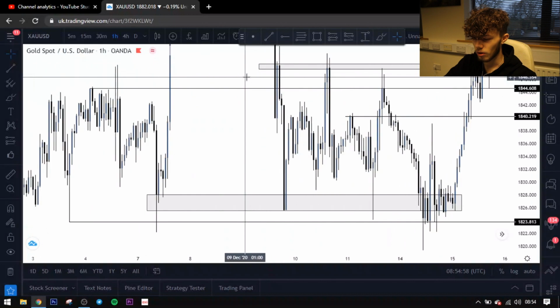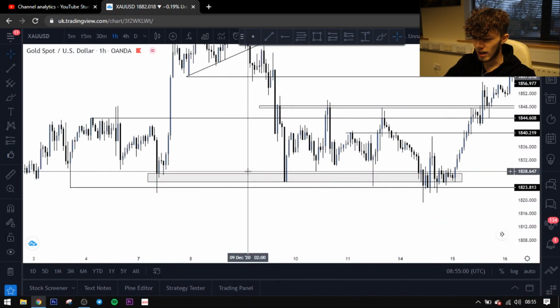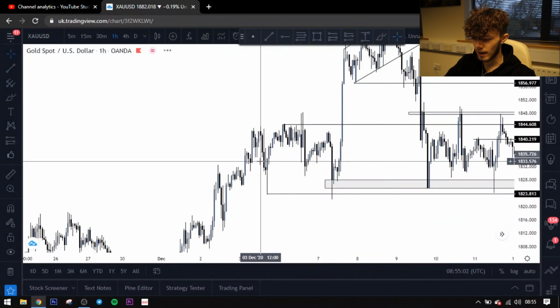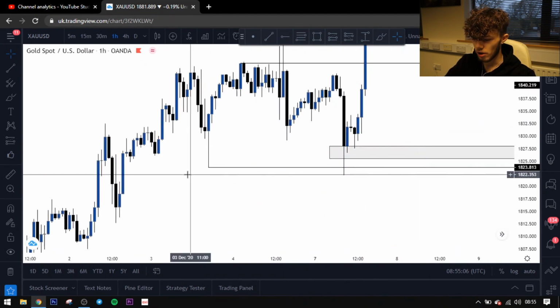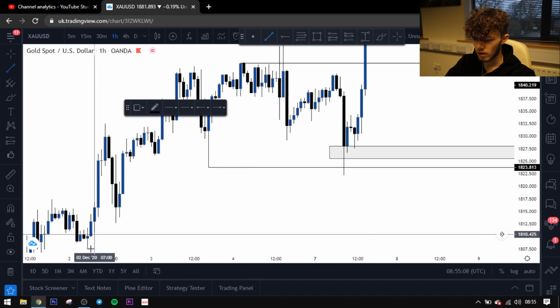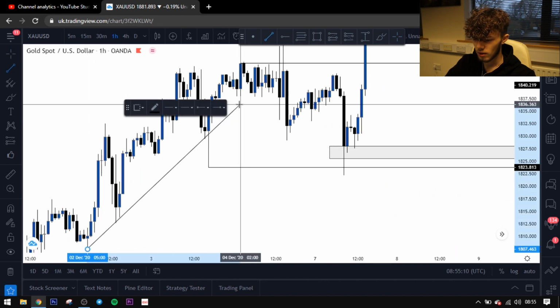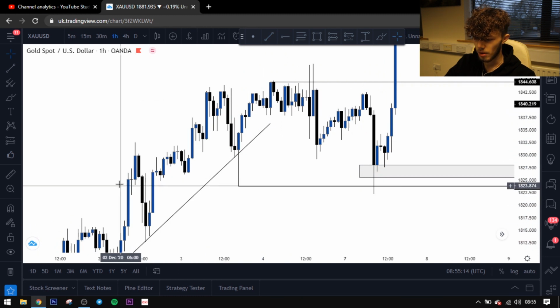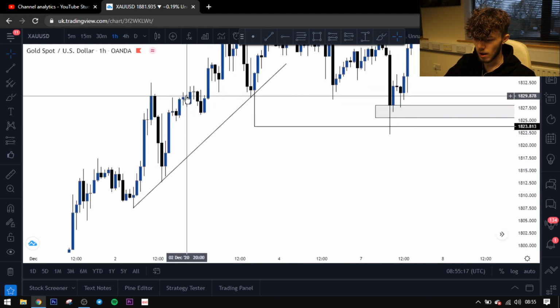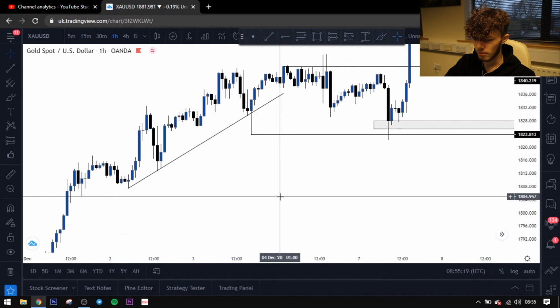Okay, so if we go on the charts now, on gold, on the 1 hour, you'll see that when we were back here at the start of December, we had this bullish push upwards. If we draw this trend line in, we had this bullish push up. We could draw one at the top as well, but we have this nice push.